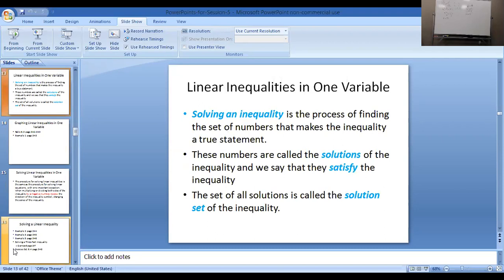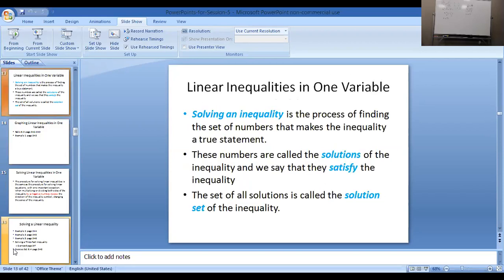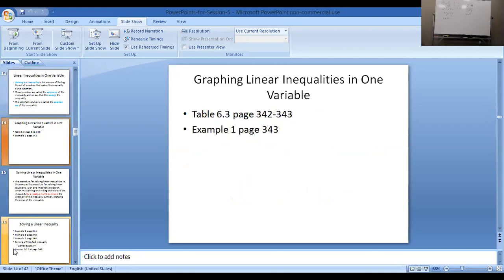Those numbers are called solutions that satisfy the inequality. And usually you have more than one answer, so you have a solution set.